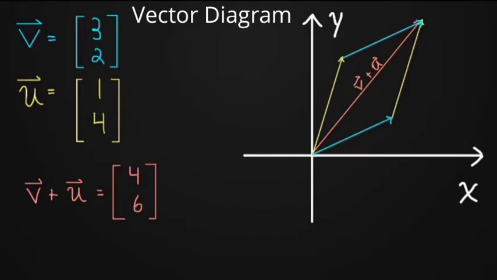Vector v is drawn by locating the point 3 and 2 on the graph, and also vector u is drawn by locating the point 1 and 4 on the graph. Both vectors are drawn with these 2 points and are facing different directions. The resultant of these 2 vectors is vector u plus vector v.